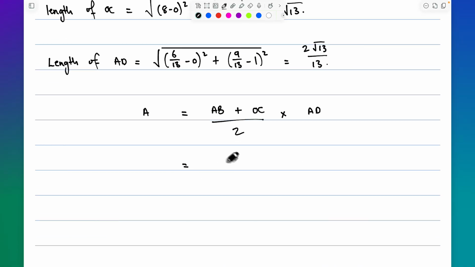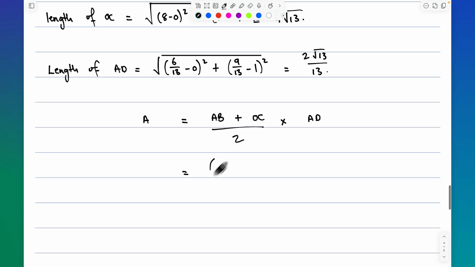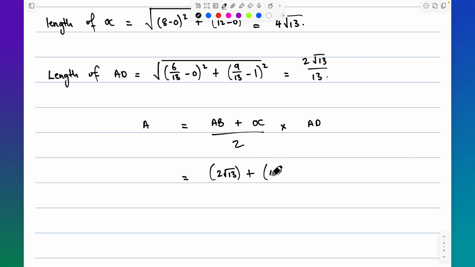So let's plug in our numbers. The length of AB is 2 root 13. Plus the length of OC is 4 root 13. Divide those by 2, and you're going to multiply by 2 root 13 over 13.